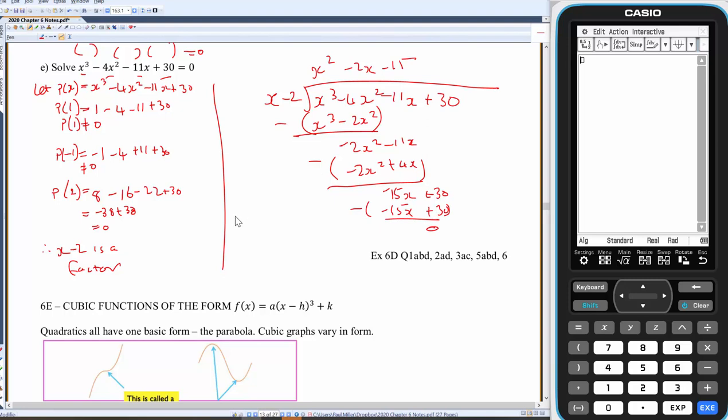All right, so there we go. So we've got P of x equals x take 2, x squared take 2x take 15.